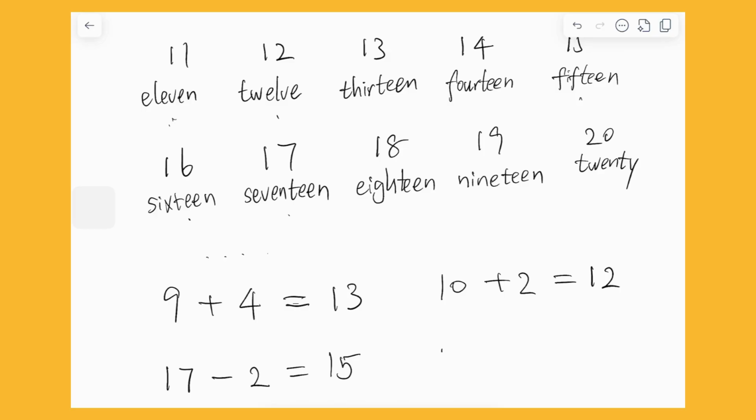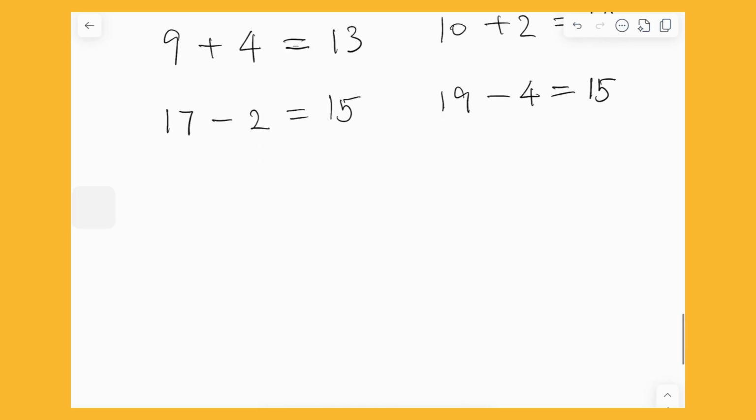So let's try again. 19 minus 4 equals, so we have 19 here. 1, 2, 3, 4, that's 15 again. Okay, so that's subtraction. So try to do more practice by yourself, and we are going to review that in our later lessons.